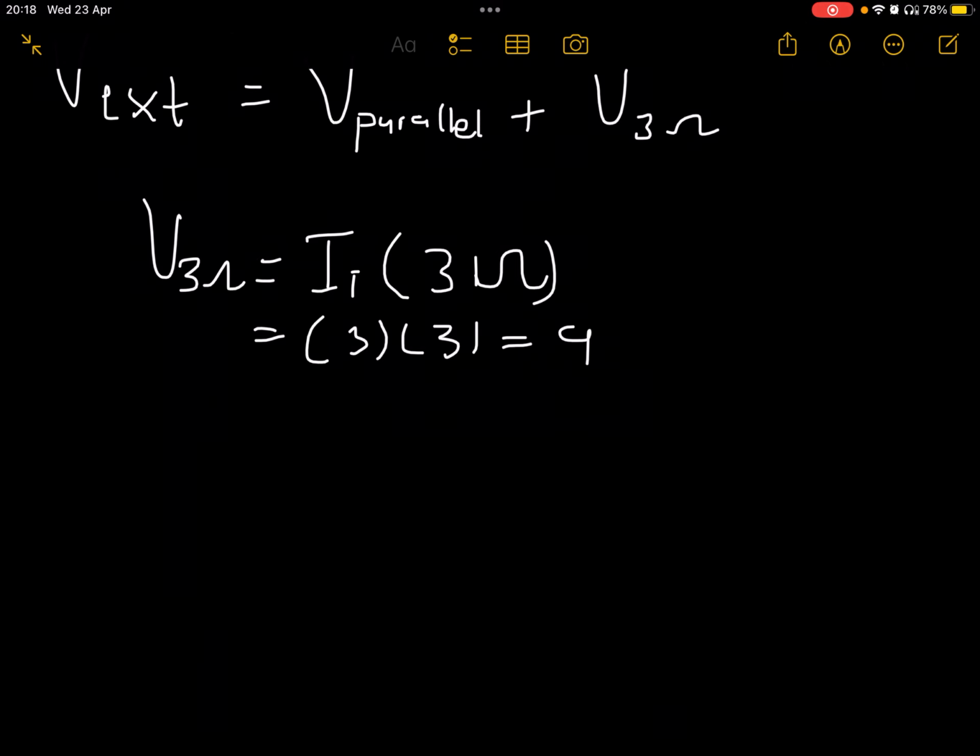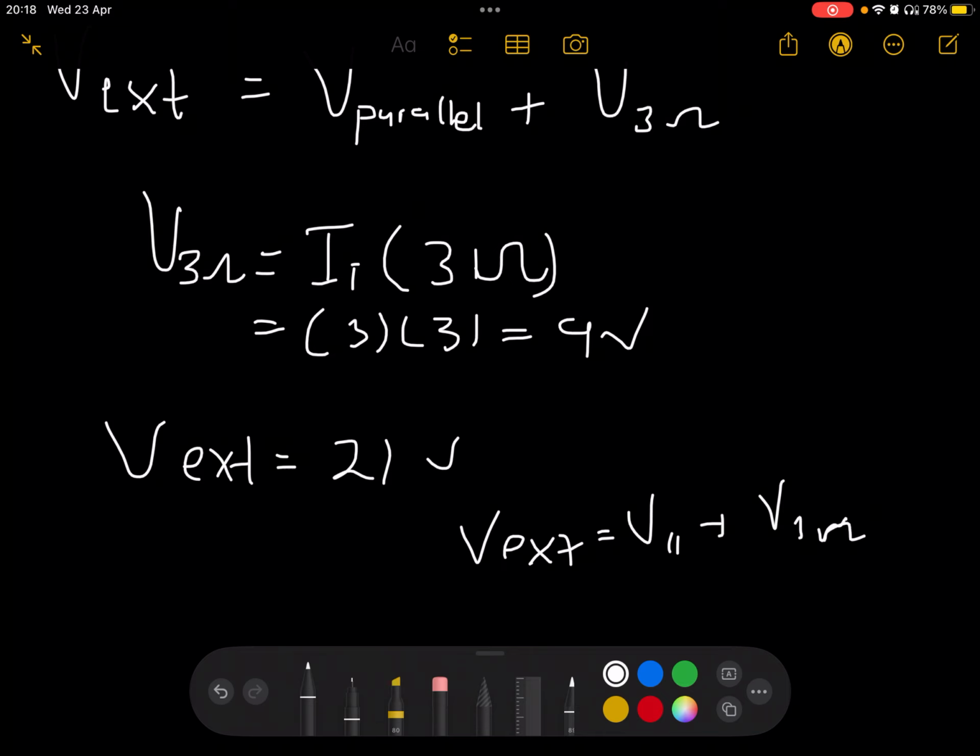V external is equal to 21 volts, but we know that V external is equal to V of the parallel resistors plus V of the 3 ohm. This is 21. We don't know V of parallel, which is what we're looking for as V2.